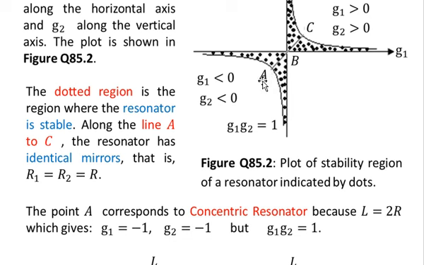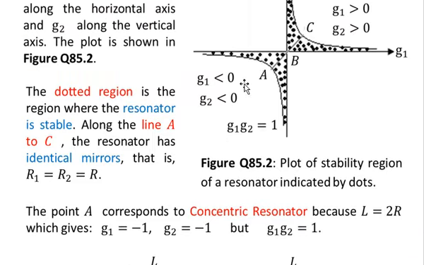For point A, both will be negative, both will be 0 for the point B, and both will be positive, but equal to each other for the point C. So R1 is equal to R2 is equal to R for point A, point B, and point C. Though the values of R1 and R2 will be different for point A, point B, and point C, for any of these points the values of R1 and R2 will be equal to each other and will be equal to, say, capital R.